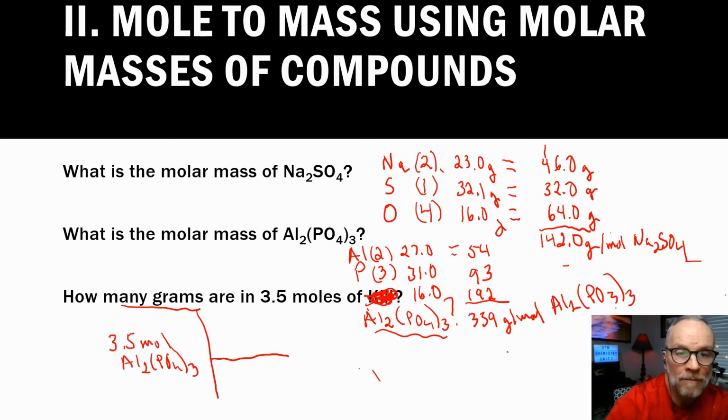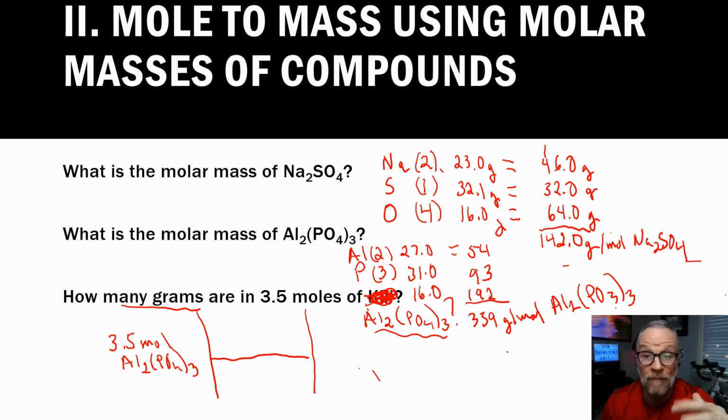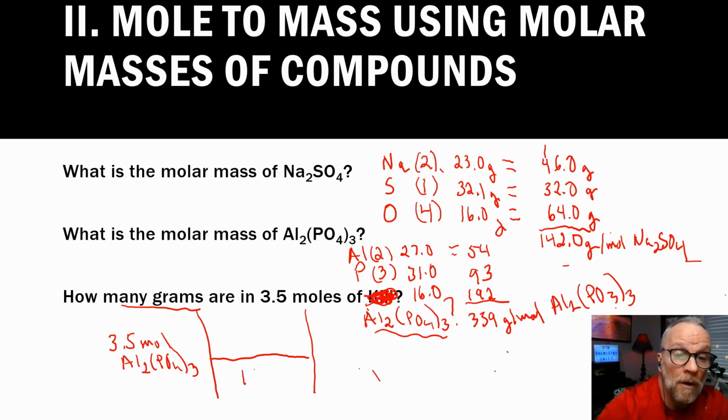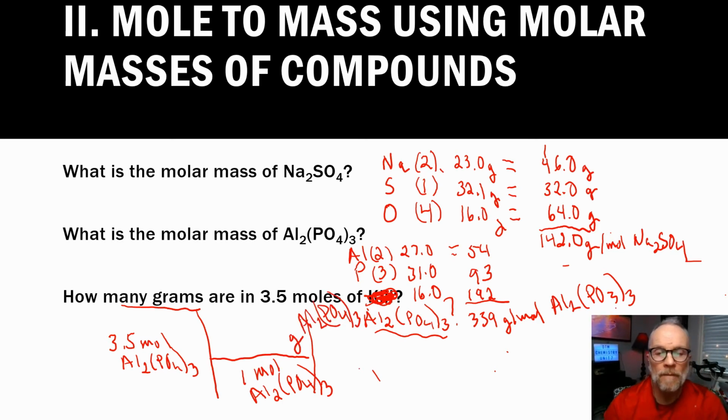Notice here how I'm modeling great behavior by labeling everything. I don't just write moles. I write moles of what we're calculating, right? So for every 1 mole of that, since we have moles on top, it goes on the bottom of our conversion factor. We got so many grams of the same. Okay.